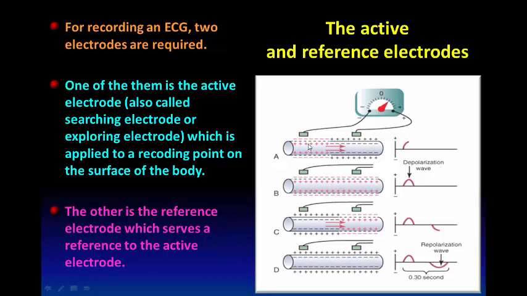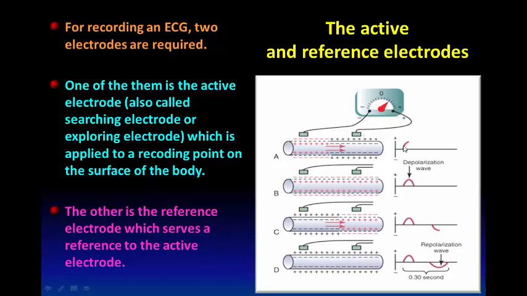So here we have this part, which is depolarizing, because the inner surface of the membrane is positively charged and the outer surface of the membrane is negatively charged. And as you can see, depolarization is moving towards the active electrode.